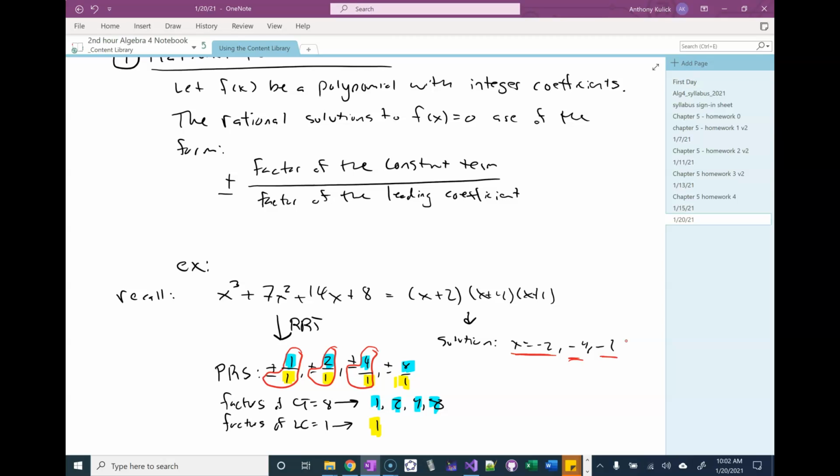And then we can check the graph for the x-intercepts. Any x-intercepts on our graph that agree with the possible rational solutions on our list are good places to start our division with. So let's do a couple of examples to get familiar with this method.